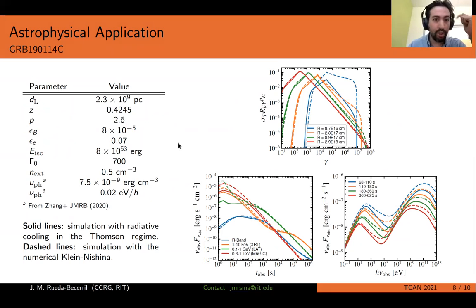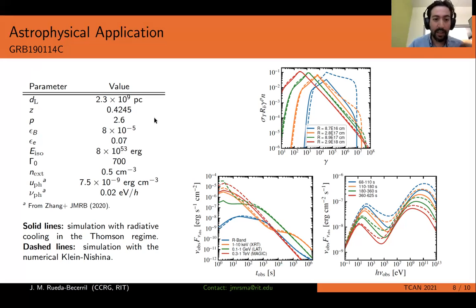For the initial condition of the blast wave, I picked the case of the MAGIC GRB. And why did I pick this GRB in particular? Because the observations went all the way to the TeVs, which means that this is a perfect scenario to test the Klein-Nishina regime.